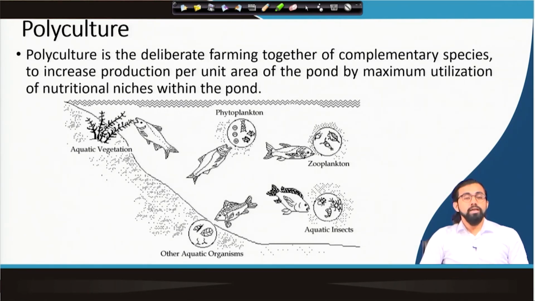The next thing that I want to discuss is polyculture. I think we don't go for single culture anymore, because in order to utilize the whole pond system, first of all, there are different types of aquatic species, and they have different zones of dwelling.